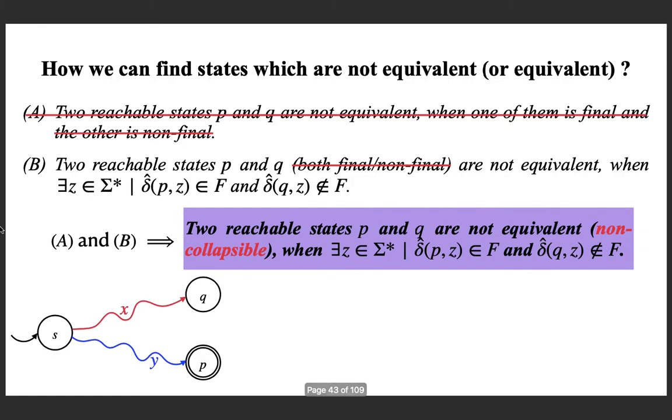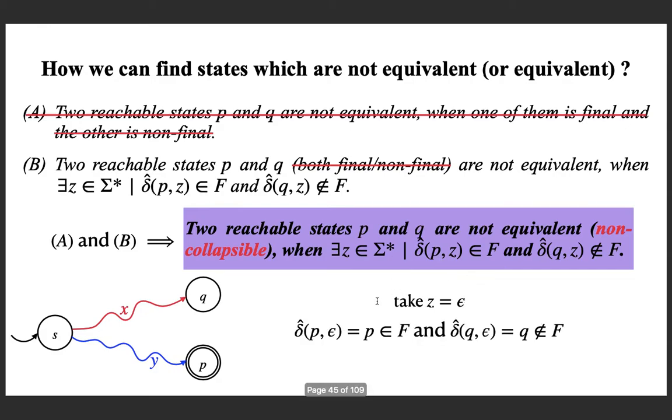Consider a situation. The first statement is looking at this kind of situation where two states P and Q are reachable and one of them is final and the other one is non-final. Then the question is, how is it that this statement can handle this situation? So you just take the string Z as epsilon in this equation.